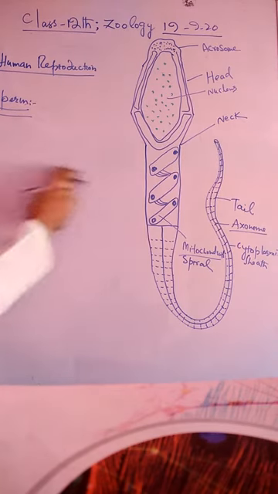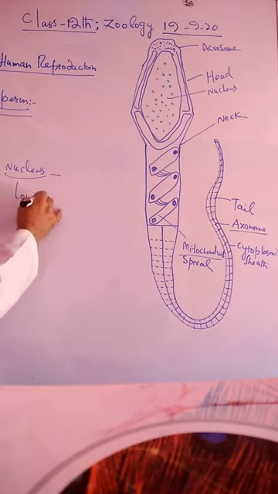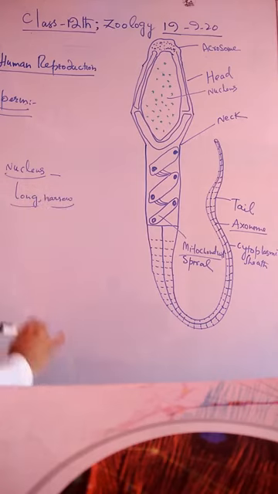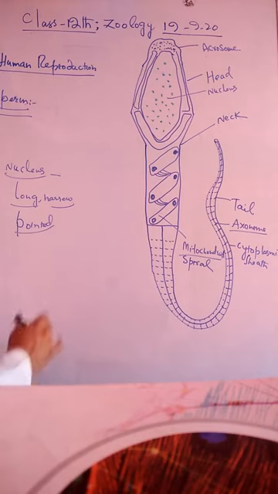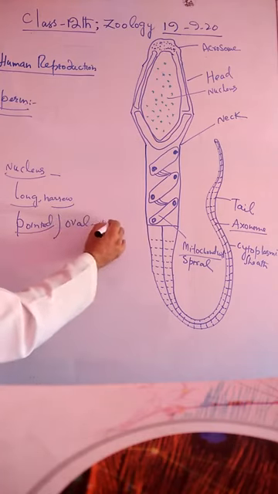The next part, below the acrosome, is the nucleus. The nucleus is generally long, narrow, and pointed, but flat and oval in human sperm.